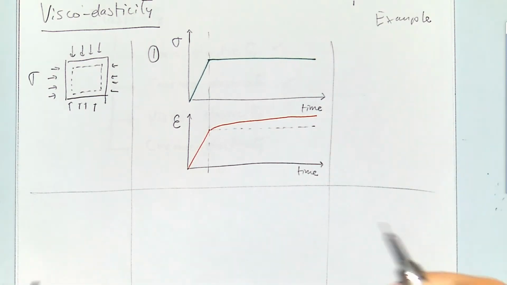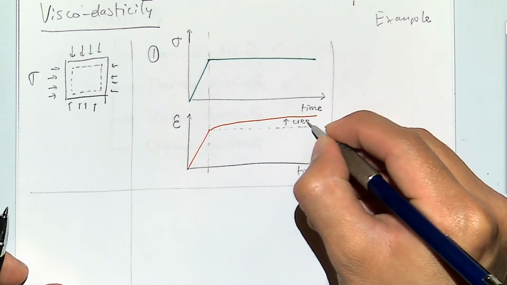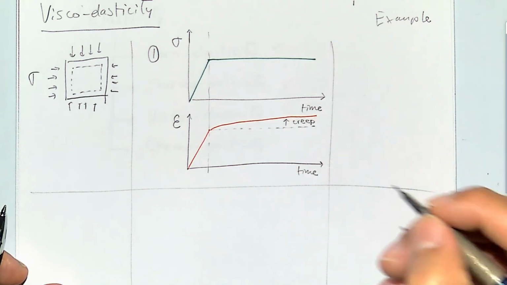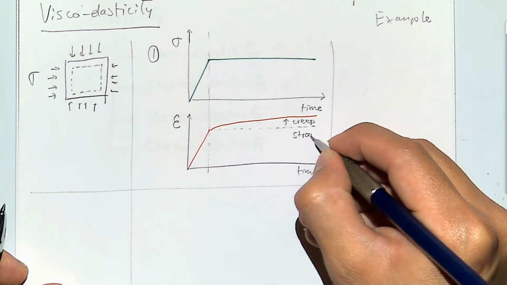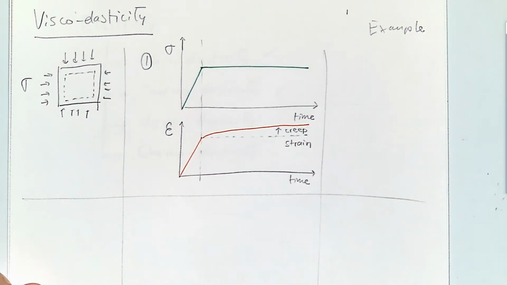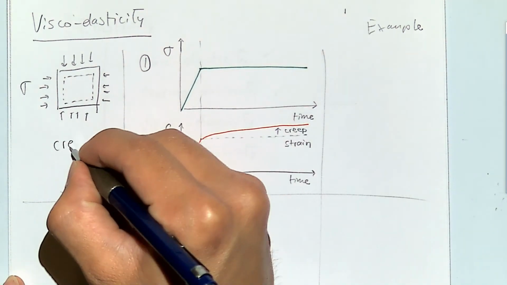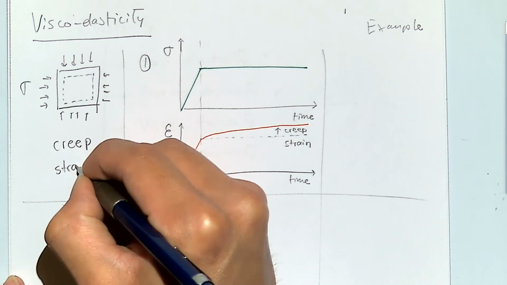And whatever you get after this is what is called creep or a creep strain. You keep stress constant, but then it keeps deforming. And we just put here this creep strain.